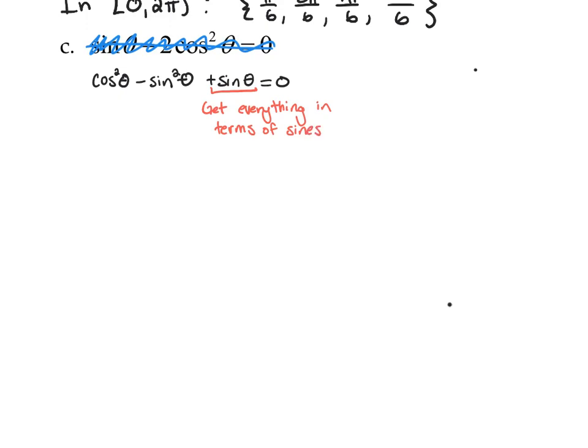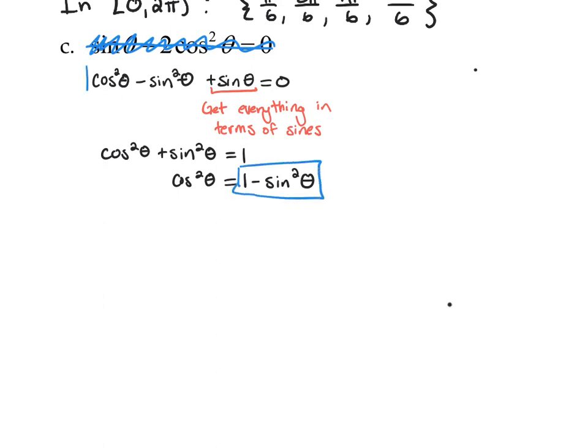Now how I'm going to do that is I will use an identity. There is an identity that relates sine squared and cosine squared. It's the Pythagorean identity, and it says cosine squared theta plus the sine squared of theta equals 1. I want to get everything in terms of sine, so I'm going to solve this for cosine and get cosine squared theta is 1, subtract sine squared theta.